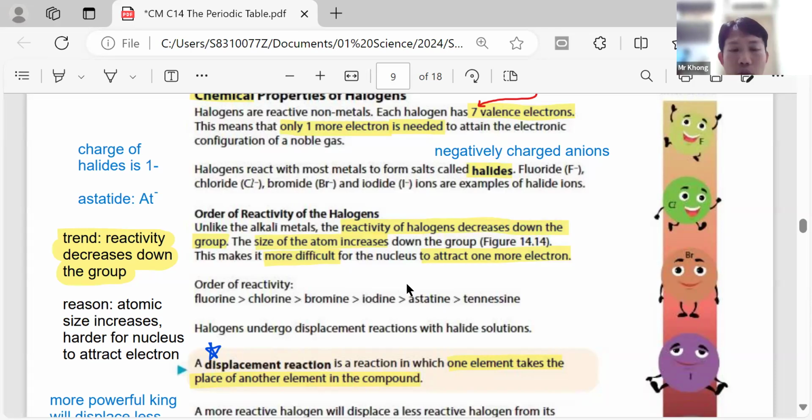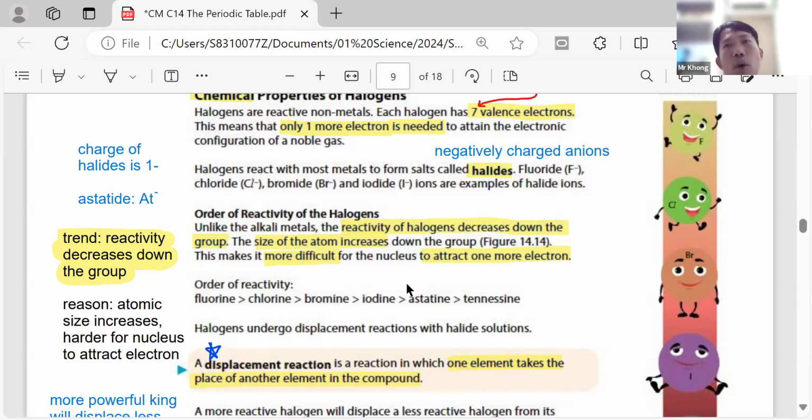So our first halogen, fluorine, followed by chlorine, bromine, iodine, astatine, as our more common halogens. As you go down this group, you will expect the last few halogens to be very unreactive. In this case, astatine as well as tennessine will be the two most unreactive halogens.